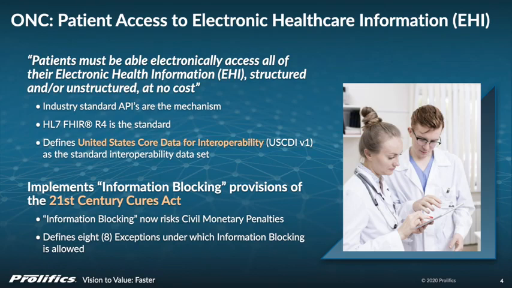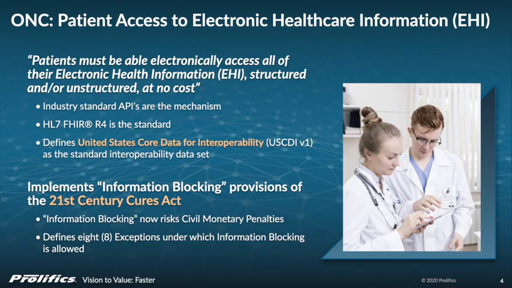Additionally, it defines the US CDI V1 data interoperability set as the standard subset of healthcare data that must be shareable, must be interoperable between payers and providers, and as we'll see, payers and other payers.